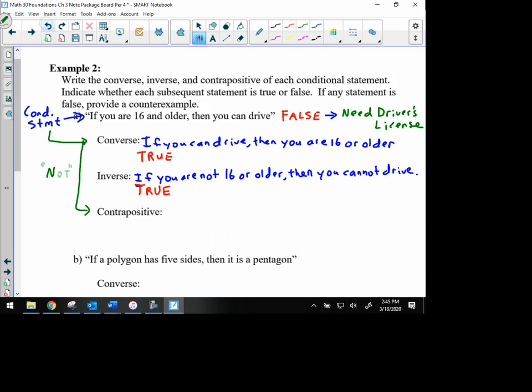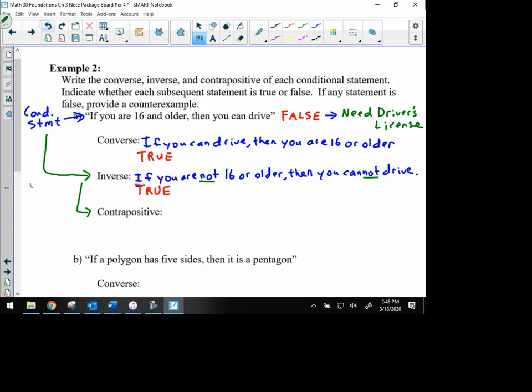Or, like we saw in example 1, you can get to the contrapositive by taking the inverse of the conditional statement. So we've already had the not in there now. You can see the not there already. And then flipping it around, so sort of taking the converse of that. So you get here by switching the hypothesis with the conclusion. So either way we look at it, we can see we get there either way.